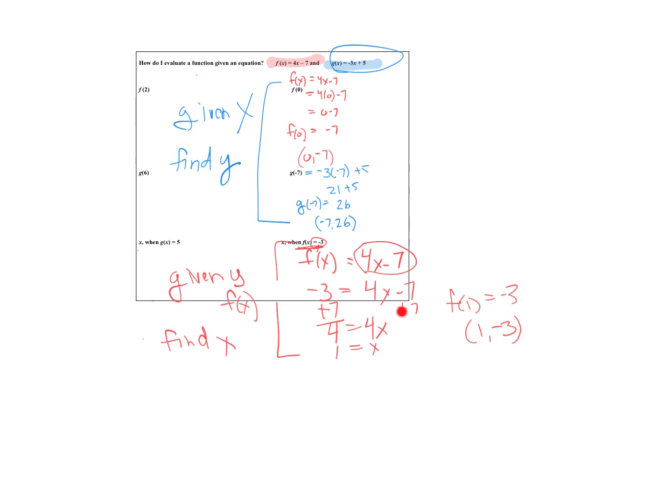Then we're going to have to solve this equation. So we're going to add 7 to both sides, and then divide by 4, we get x equals 1. That means the value of the function when x is 1 is y is -3, or the ordered pair (1, -3).